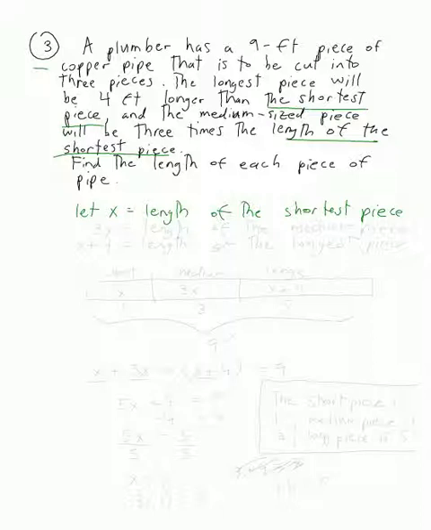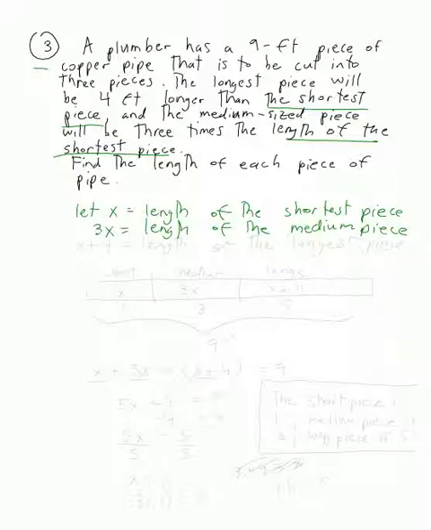The medium piece will be 3 times the length of the shortest piece. So 3 times x would be 3x. So 3x is the length of the medium piece. Next we have the longest piece.